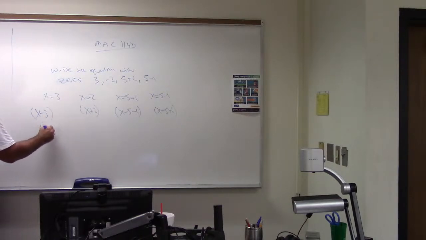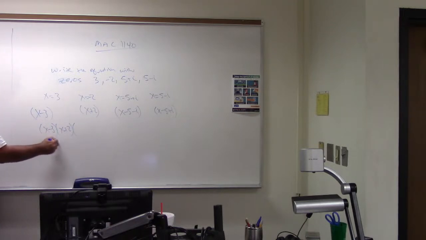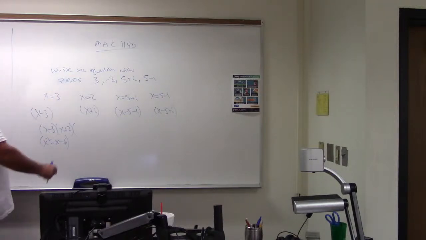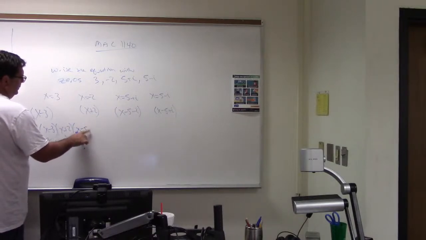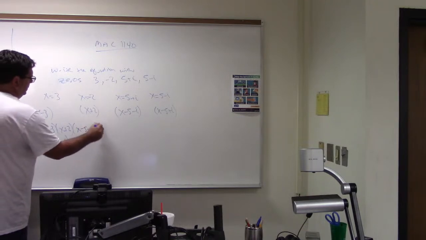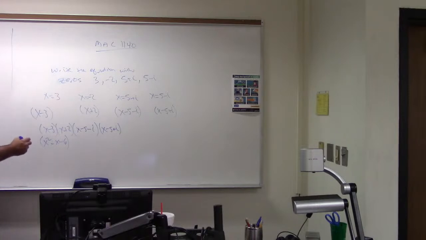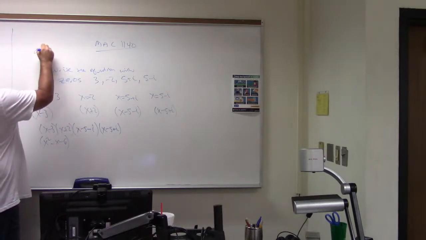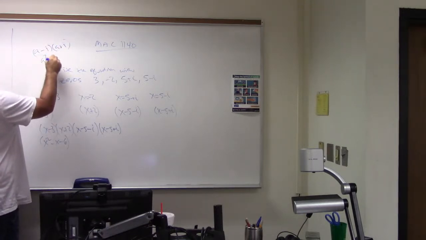Now, as I multiply these two out, this is x squared minus x minus 6. I kind of blew through that, that's FOIL, essentially. Now, we're going to go a little bit slower on the multiplication of these two. If this is a minus i and a plus i, that becomes a squared minus i squared.